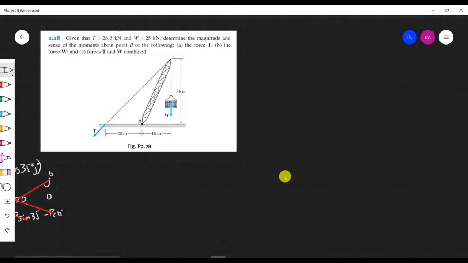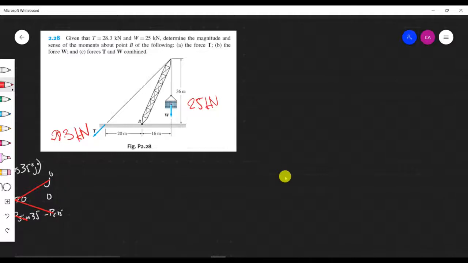So, meron tayong crane kung saan may kable na yung tension ng kable is T. Then, yung kable na yun, nakakabit sa isang boom, at may sinusuportahang bigat. Parang crane nga. Okay? Sabi, itong T ay equal sa 28.3. At yung weight is equal sa 25 kilonewton.